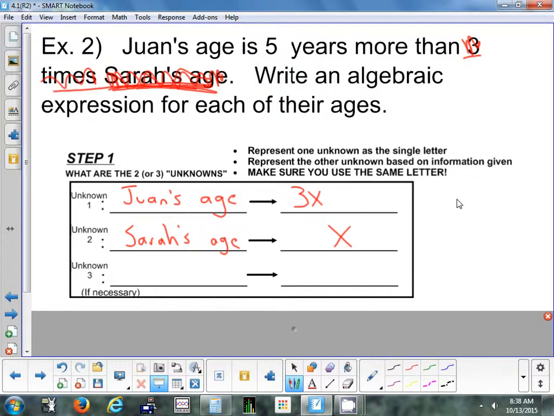There's a word up there that translates to a math operation. More than, right? What's that translate to? What's that become in algebra? What's more than mean? Plus sign, right? Addition. So I want to put my plus sign. Plus what, Kevin?